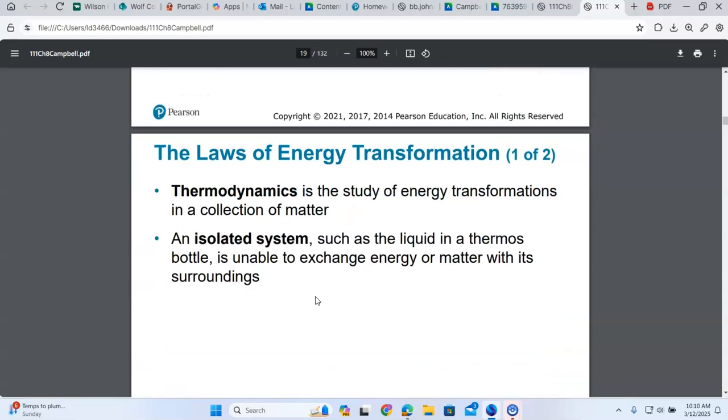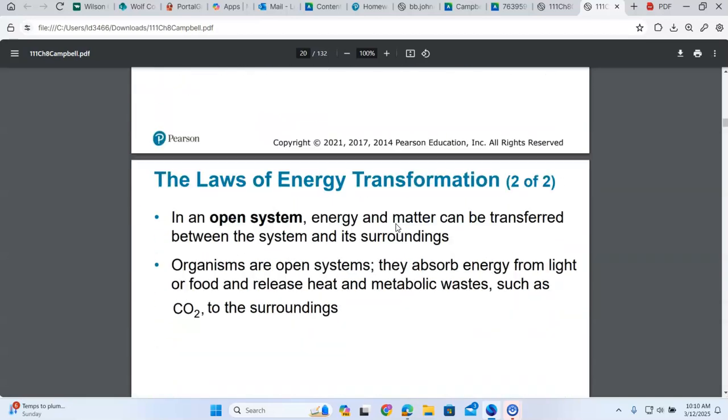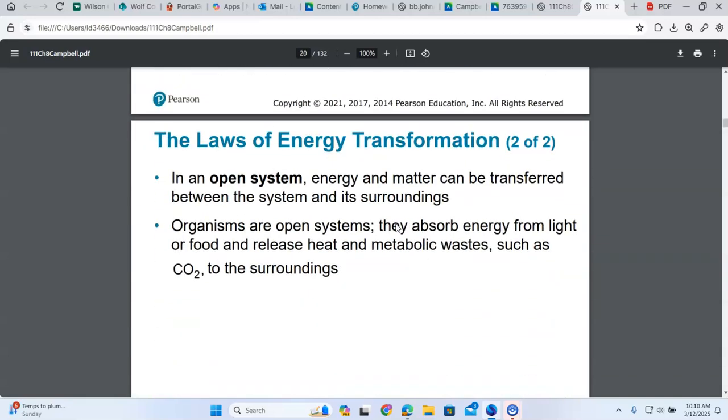And then thermodynamics, we'll talk about this a little bit more, is the study of energy transformations. Organisms are considered open systems because they absorb energy.